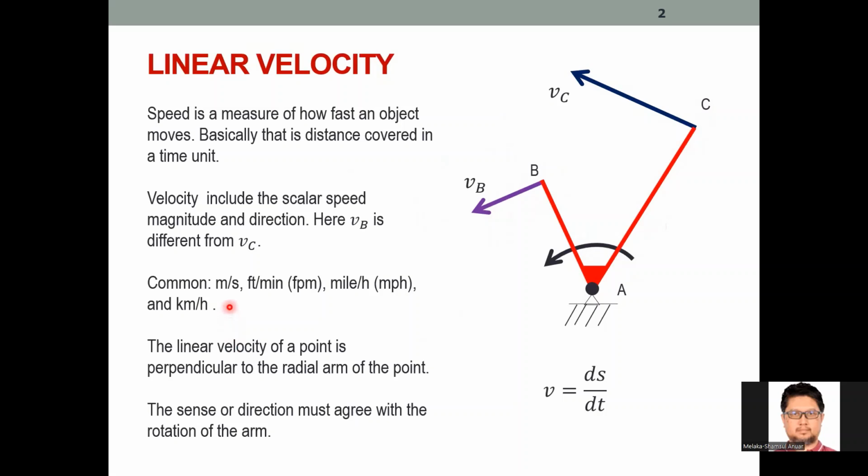Common units for linear velocity are meter per second, feet per minute (FPM), mile per hour, kilometer per hour, and so on. Oftentimes, if we know the direction and the radius, we can get the direction of the linear velocity.